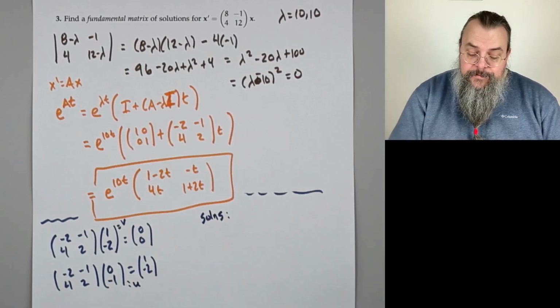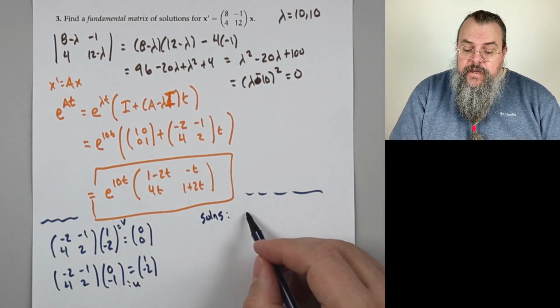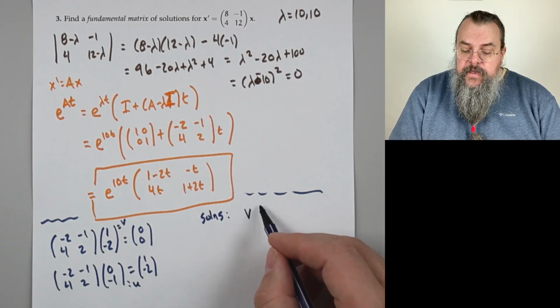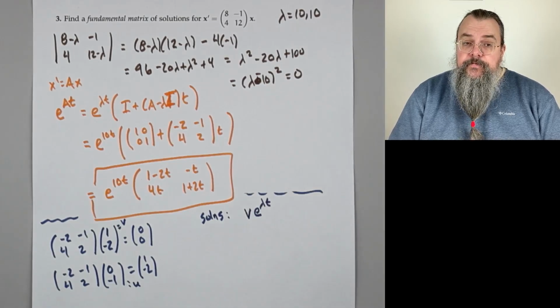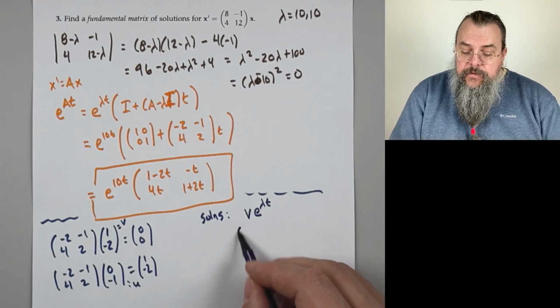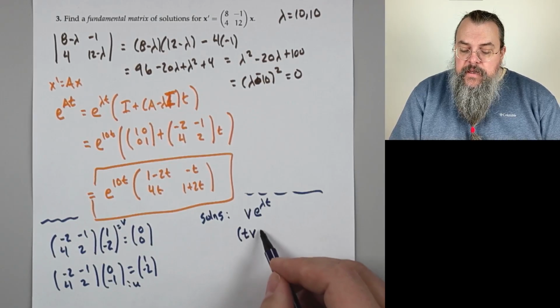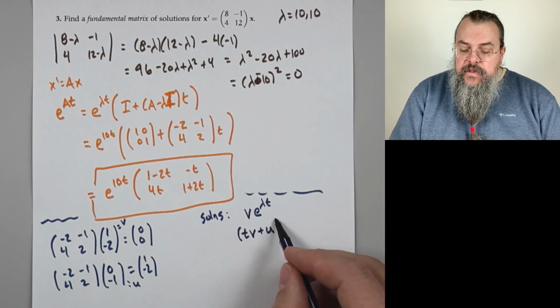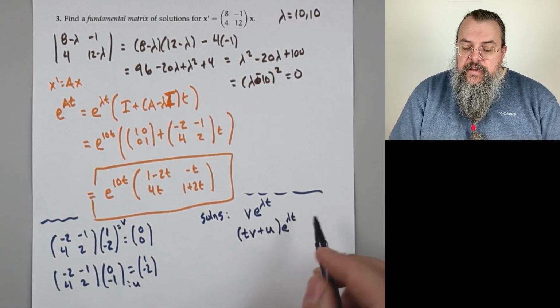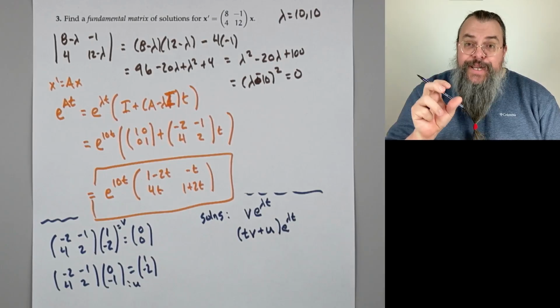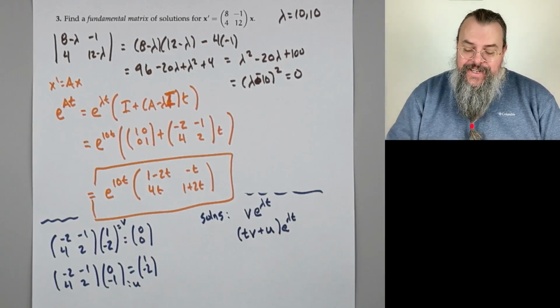So if we call this vector v, and this vector u, then our solutions have the following form. The first one has the form v times e to the lambda t. The second one has the form t times v plus u, times e to the lambda t. Essentially, we're bumping, but the bumping has a little correction, and that's the thing that we had to find.